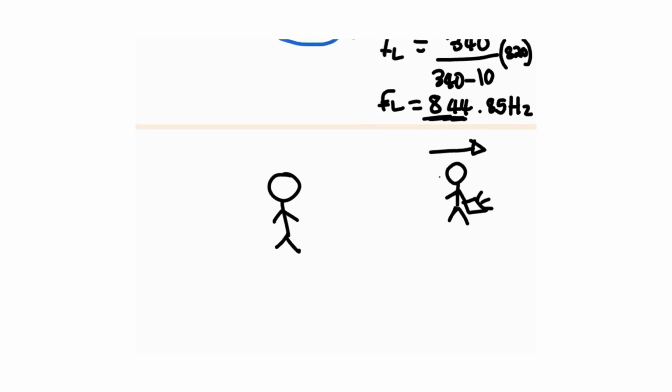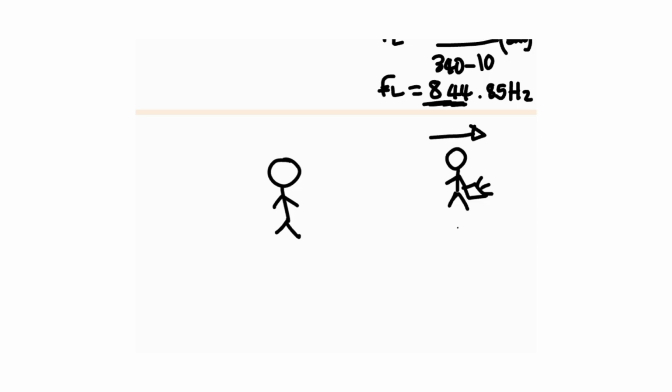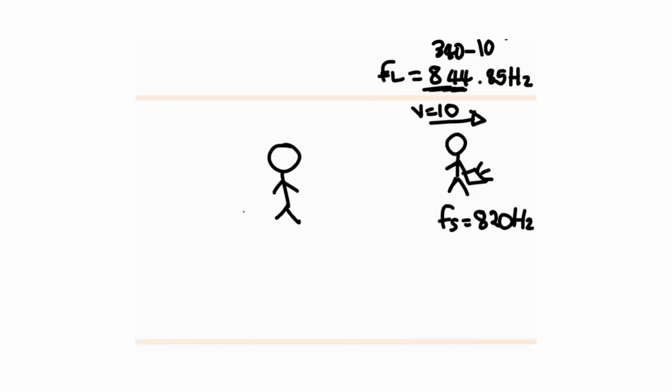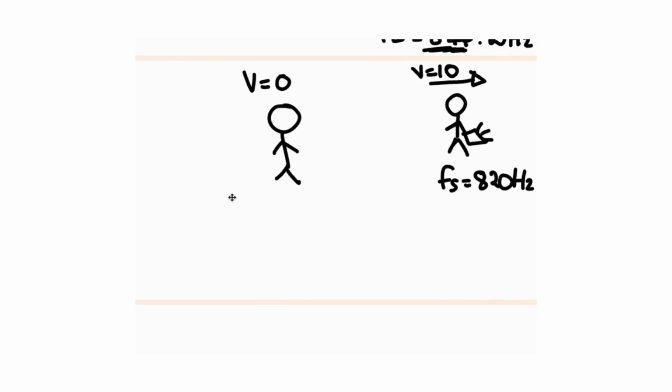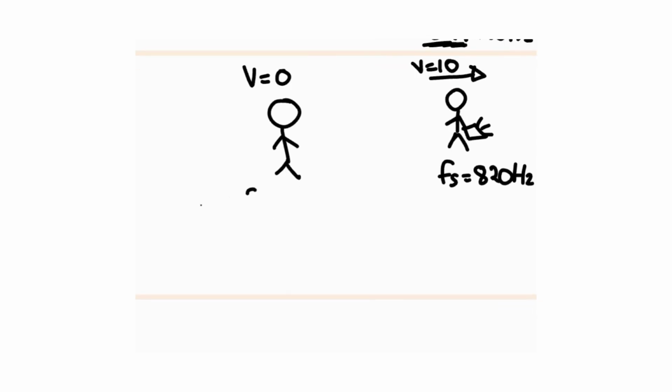The frequency of the source hasn't changed; the speaker is still emitting 820 hertz. Your friend is still moving at the same velocity and you are still stationary, just worried that your friend is moving away with the beat, and we need to find the frequency of the listener.